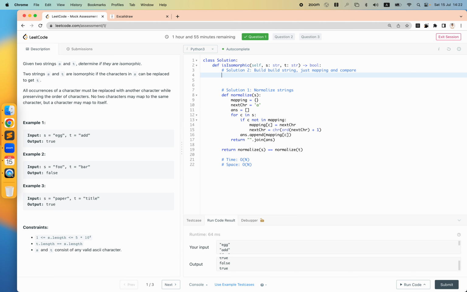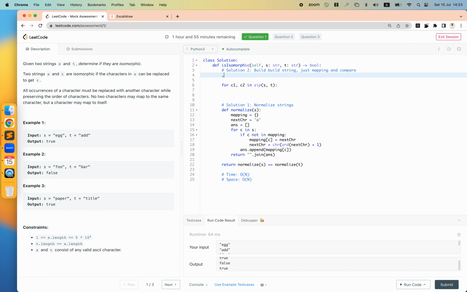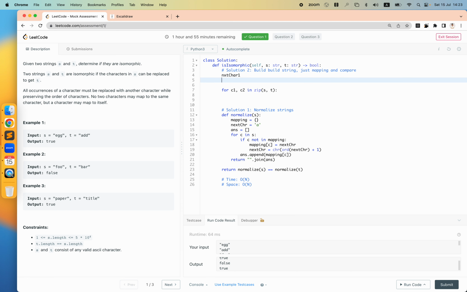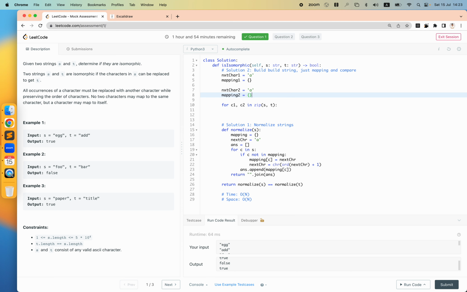So for c1, c2 in zip of s, t: next char 1 goes to a, mapping 1; next char 2, mapping 2.